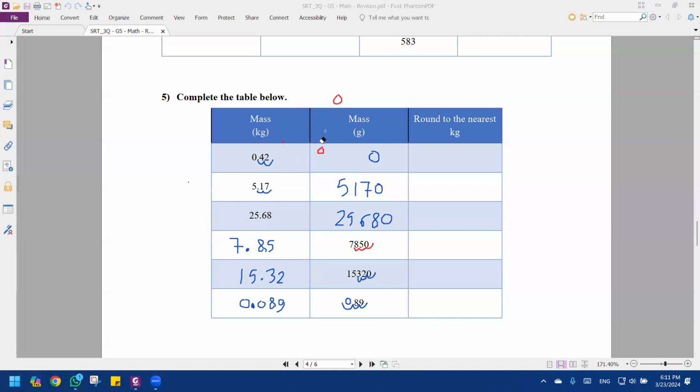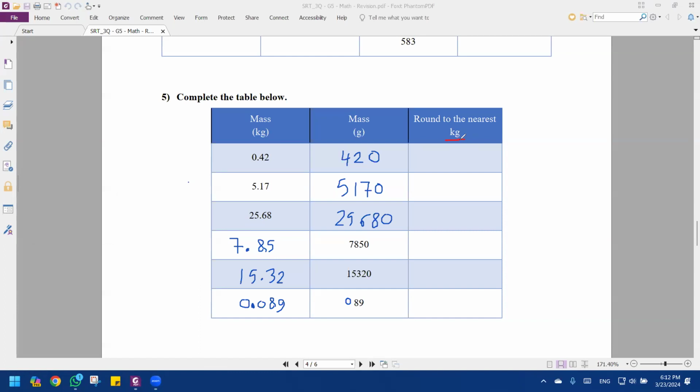Now I need to do the rounding. Now for rounding, we check. It says round to the nearest kilogram.